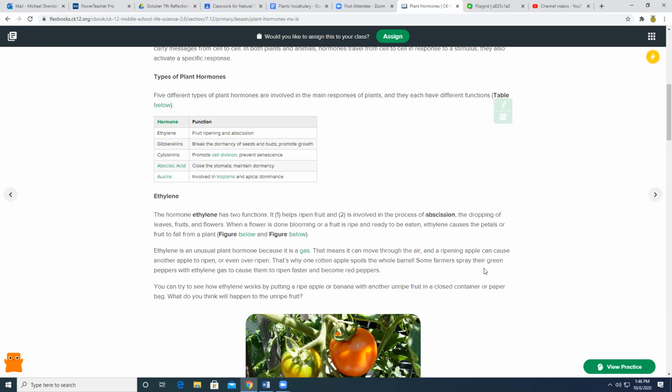So I know in our house, strawberries don't seem to last very long. We'll get a basket of strawberries, and it seems like as soon as one starts to get a little bit moldy, all of them get bad. But the same is true, and it's all because of this hormone called ethylene.